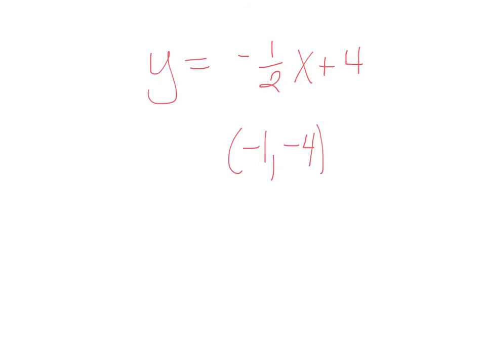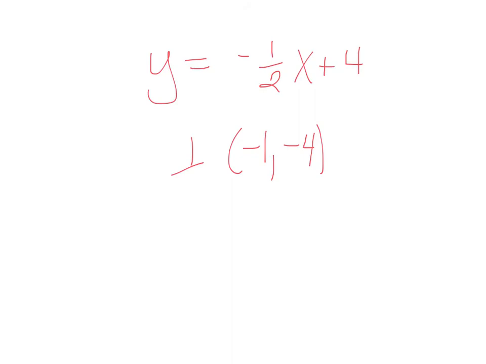The next section, E6, is equations of parallel and perpendicular lines. My first question says line Q has an equation of y equals negative 1/2 x plus 4. And line R includes a point (-1, -4), and we know it's perpendicular to Q. What is the equation of line R?